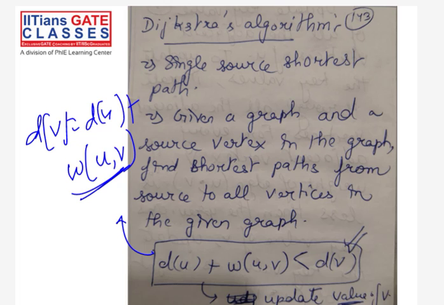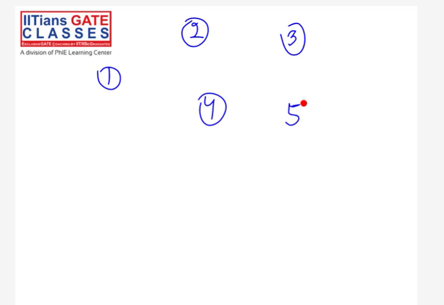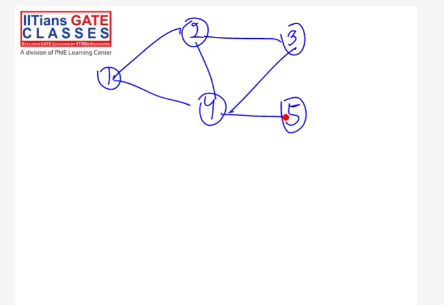Let's take an example to solve the single source shortest path problem. Let's take a small one with 5 vertices. Let's say the source is given to you as 0.